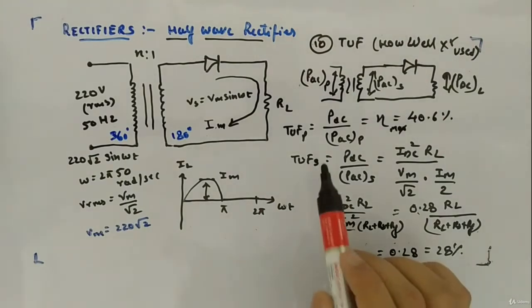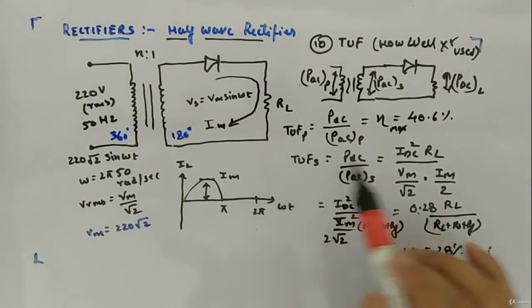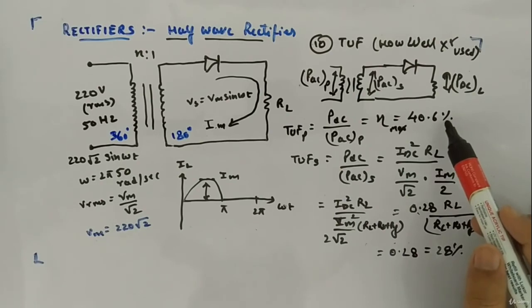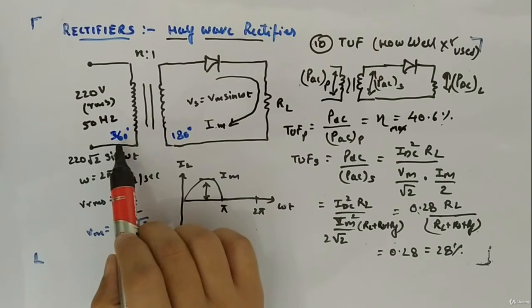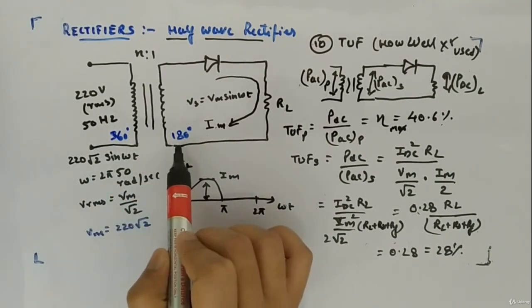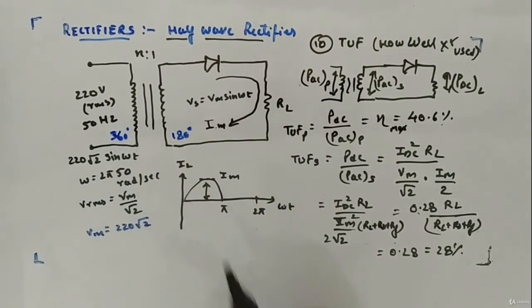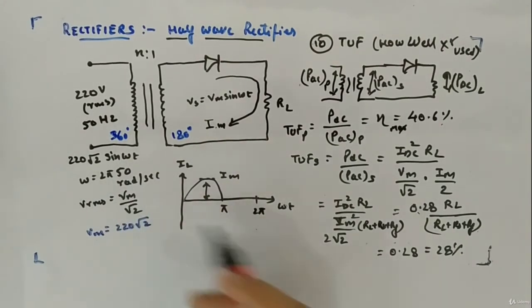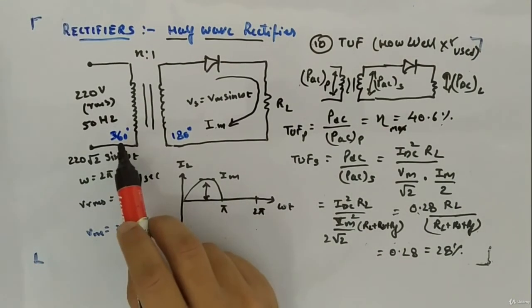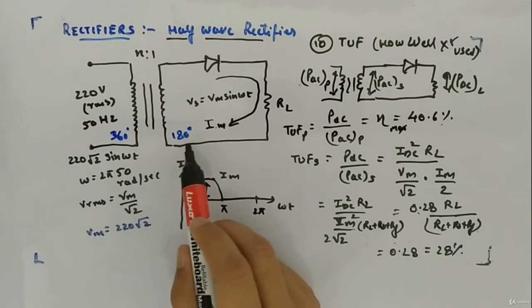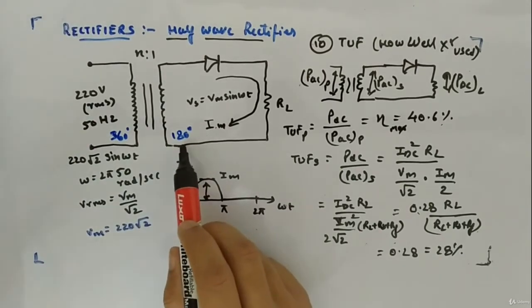Now which one you will choose, either this or this, that is what we will see. I'm not sure about this, but I'll just tell you to look into this topic, transformer utilization factor, because it is a bit confusing. It depends upon the signal at 360 degrees, and there will be a phase change of 180 degrees here.